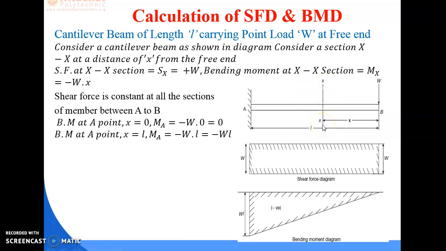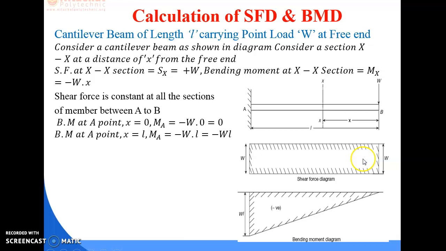So Sx is equal to W, the downward force, and here we are taking right side as positive, so plus W. But while calculating bending moment, W is downward, hence the negative sign is there, and we have moment equal to force into perpendicular distance. So W into x, that is minus Wx as the Mx.